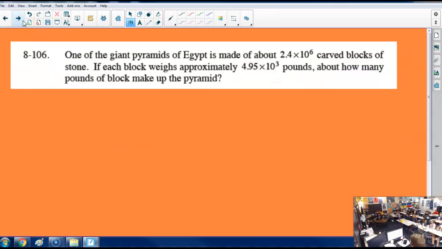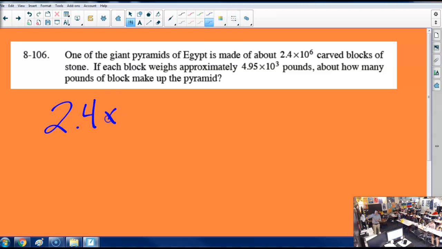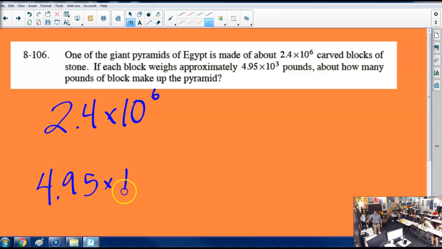Okay. Same thing here. About how many pounds of each block make up the pyramid. Like, we're working in different powers. So do not compare the 2.4 and the 4.95. So actually, let me show you, in a situation like this real quick. If we have a number to a higher power and a number to a lower power, you could write these down if you want to.